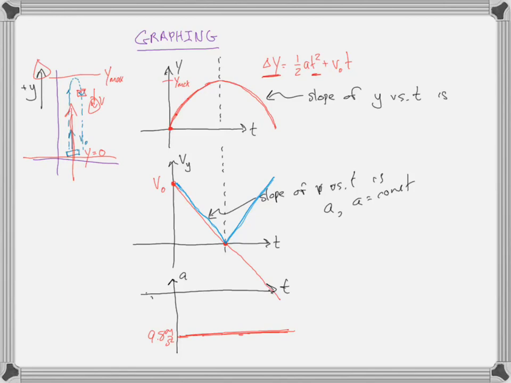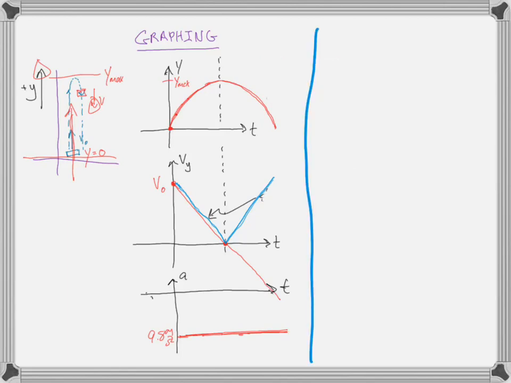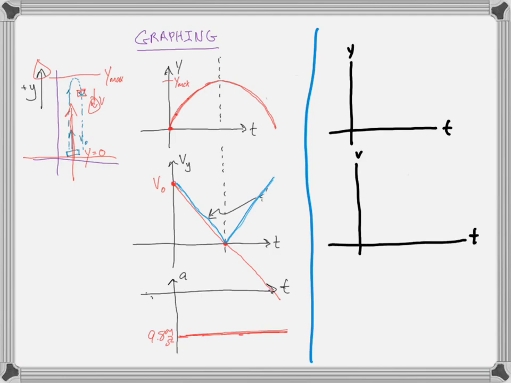So these are graphs for constant acceleration in one dimension. You should understand these graphs. Let's just compare them to the graphs of constant velocity in one dimension. So constant velocity is just a special case of constant acceleration, right? So let's just say this is y versus t, v versus t, and a versus t.